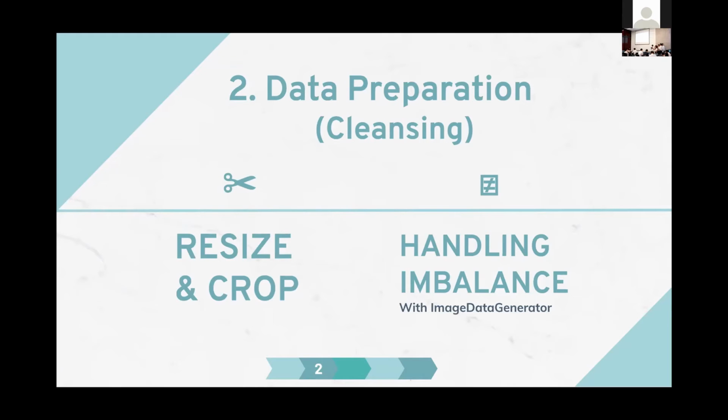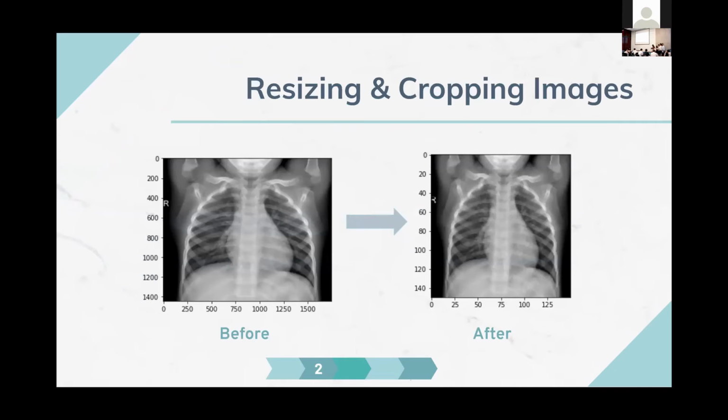For example, set input mean to 0, applying whitening filter, randomly rotate images in the range of 0 to 180 degrees with height shift, horizontal flip and vertical flip. This is how we resize and crop images into the same proportion for all images.